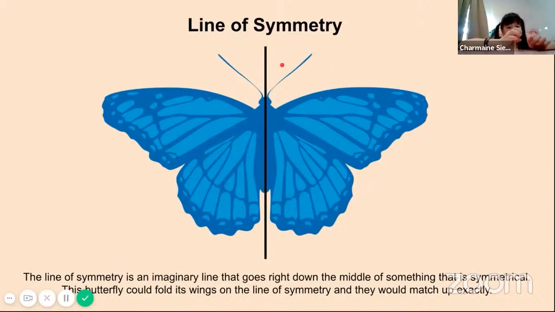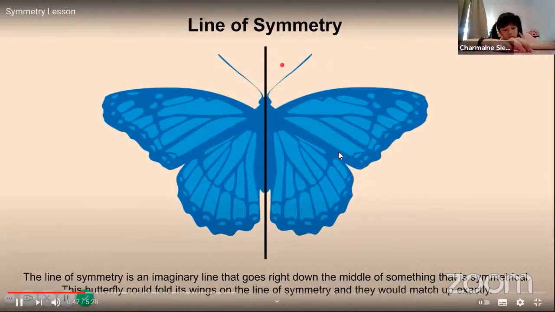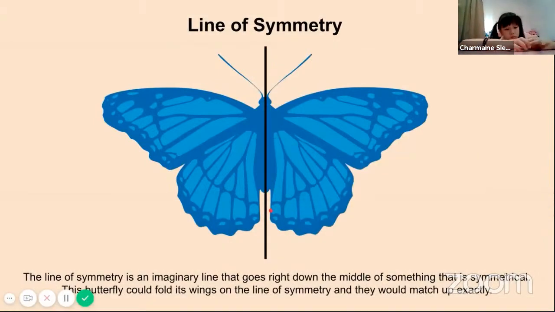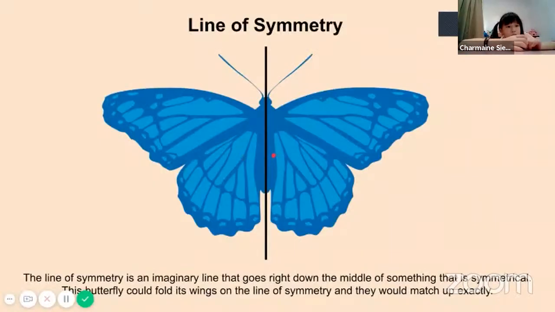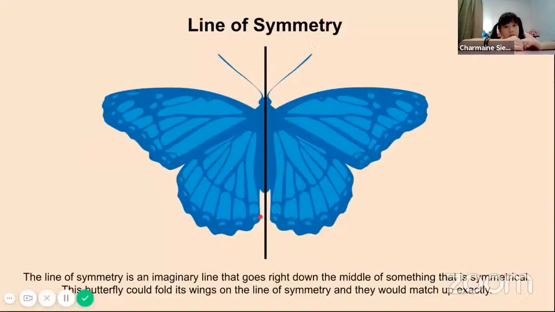The line of symmetry is an imaginary line that goes right down the middle of something that is symmetrical. It is helpful because this line can be used to pretend to fold something in half, and if it matches up exactly, you know it's symmetrical. So if this butterfly could fold its wings on the line of symmetry, they would match up exactly.